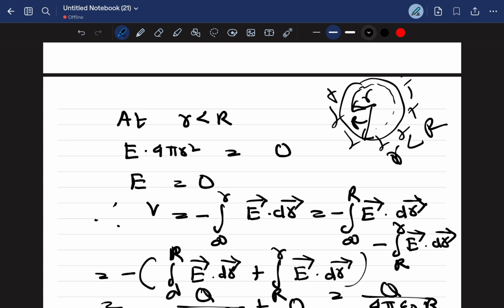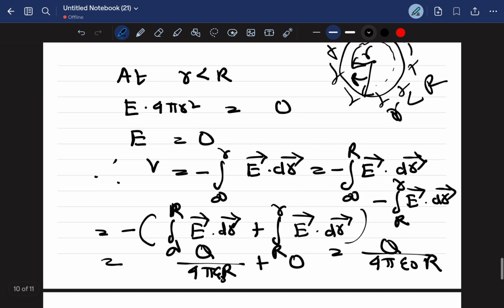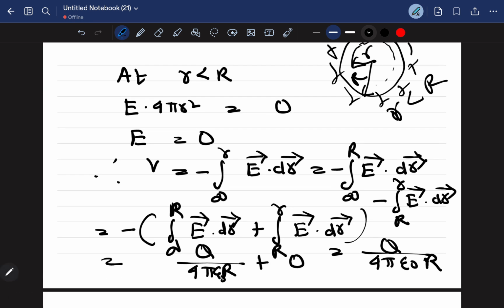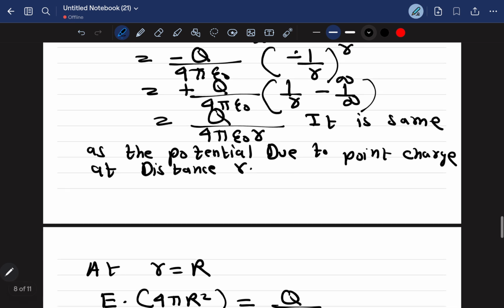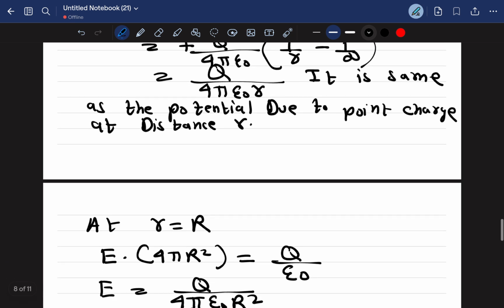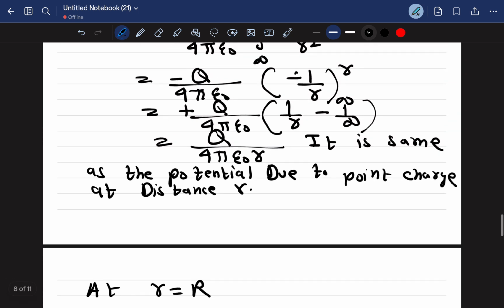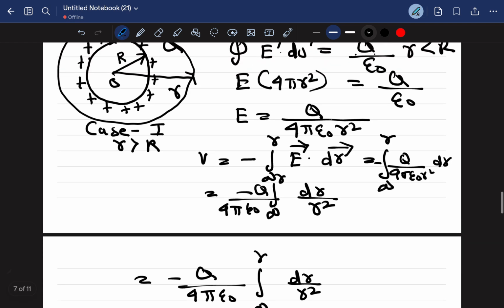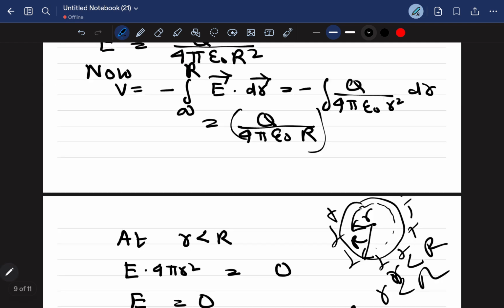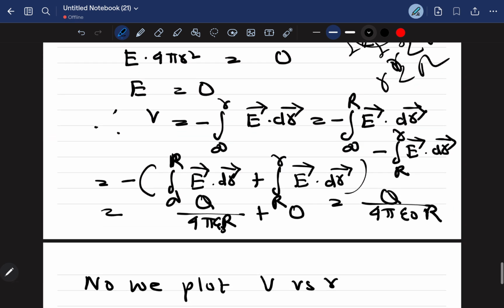Now we have to find the potential here. Potential is nothing but the work done in bringing a unit positive charge from infinity to that point. So we are bringing the charge from infinity to distance r, where r is less than R. For r greater than the radius of the shell, the electric field is q by 4 pi epsilon naught r square, but inside the shell the electric field is 0.